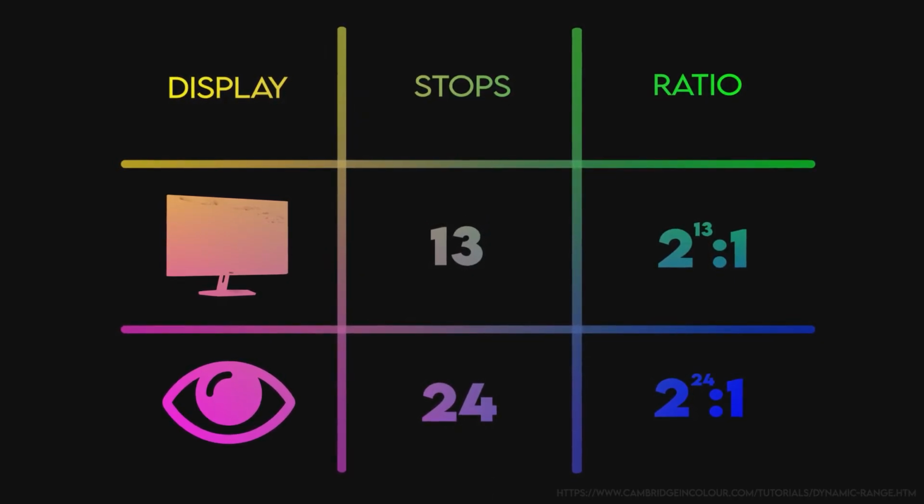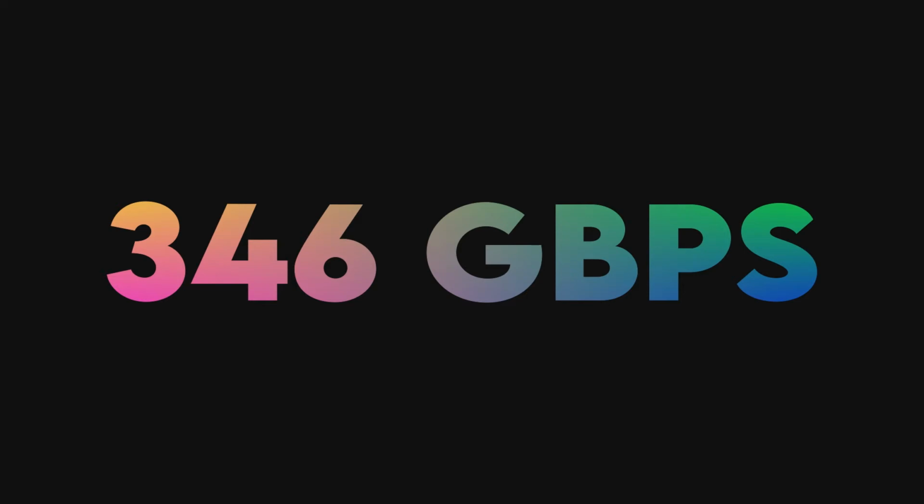So let's adjust the previous total of 288 gigabit per second to encompass a typical HDR TV's dynamic range, 346 gigabit per second.